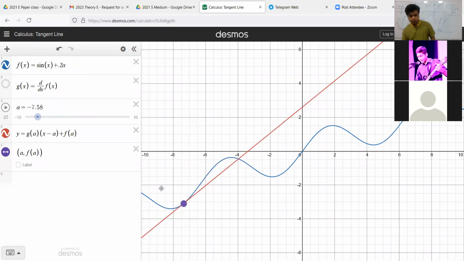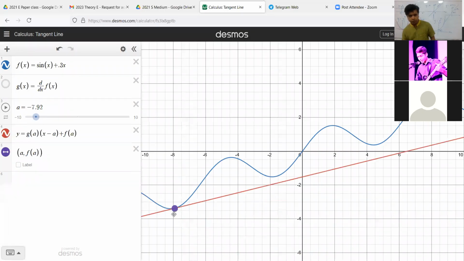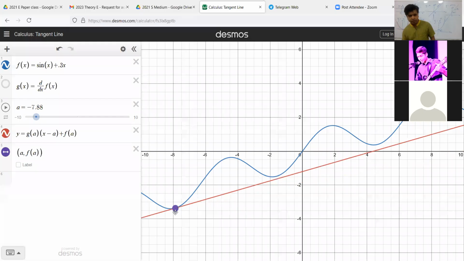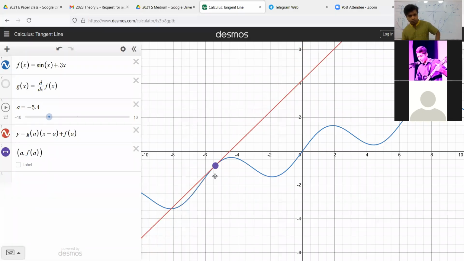I will start from this point. You can see that in this area the gradient is negative. Here the gradient is 0 at this point. Now this red line is the tangent. You can see the slope of the tangent is increasing, which means the gradient of the function is also increasing, and then the rate of increase starts decreasing.